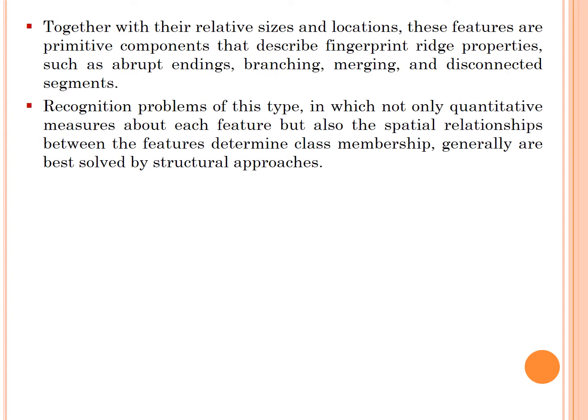Together with their relative sizes and locations, these features are primitive components that describe fingerprint properties such as abrupt endings, branching, merging, and disconnected segments. Recognition problems of this type, in which not only quantitative measures about each feature but also the spatial relationships between the features determine class membership, generally are best solved by structural approaches.